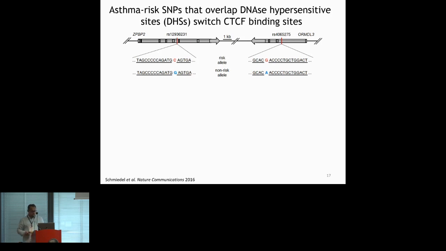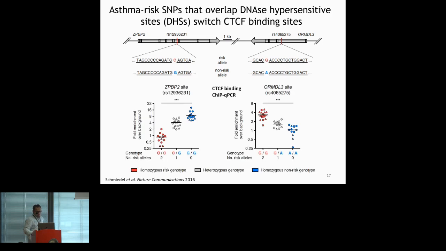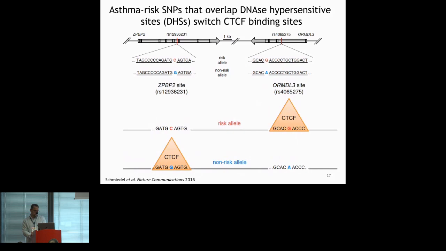And then when we looked at these in more detail using ChIP-qPCR and looked at the CTCF binding, we were able to see that actually there is a switching of CTCF binding, right? So in the risk allele, CTCF is binding here, whereas in the non-risk allele, CTCF is binding more here. So there's a reorganization of chromatin configuration.